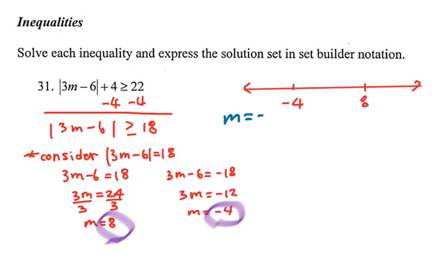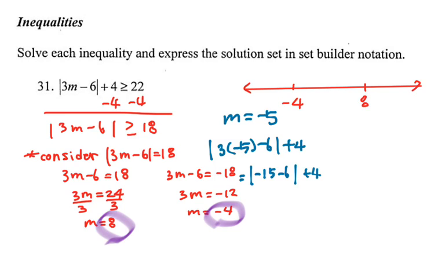When you put that in, m is equal to negative 5, then we get the absolute value of 3 times negative 5 minus 6, plus 4. Now, 3 times negative 5 is negative 15. So here we get the absolute value of negative 15 minus 6, plus 4.